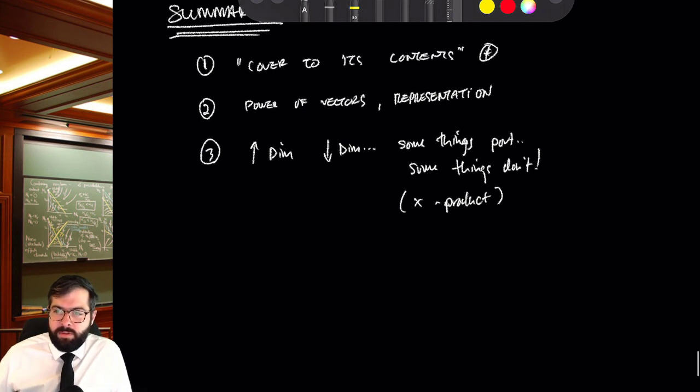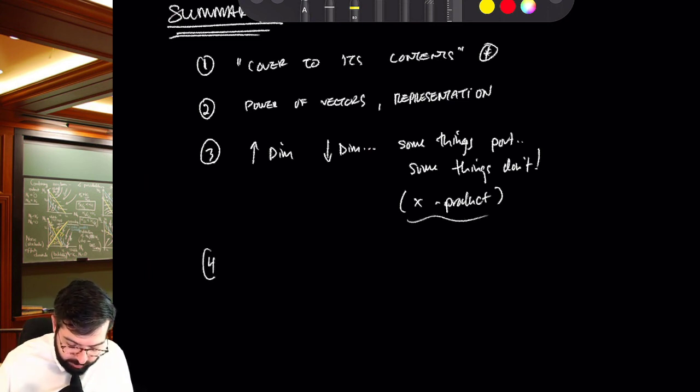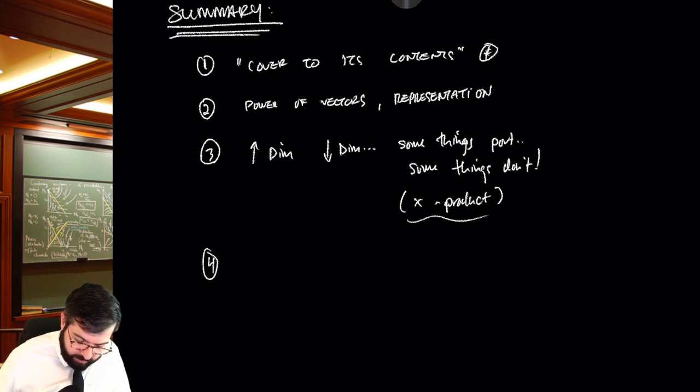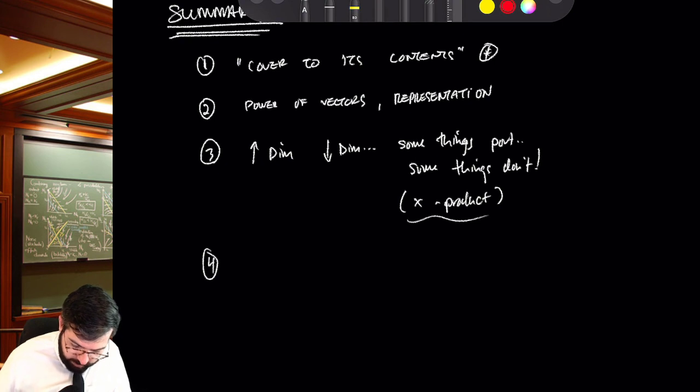The other powerful piece of that, in particular with the cross product, we saw the cross product was, let me jot this down, anti-commutative. Right?